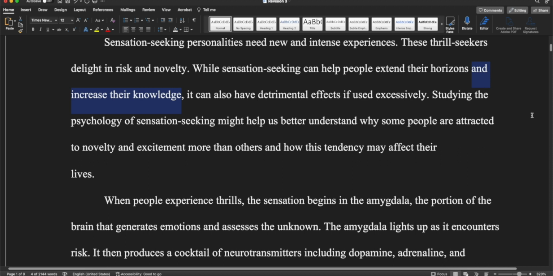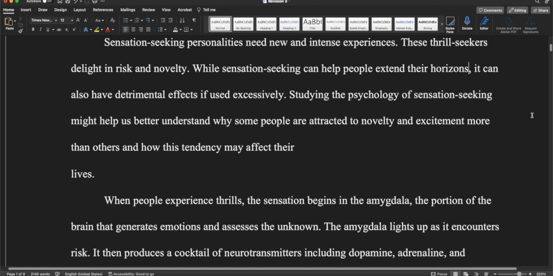Extending horizons is a metaphor. It's broad. It would cover increasing your knowledge. So we can just say extending horizons. It can also have detrimental effects if used excessively.